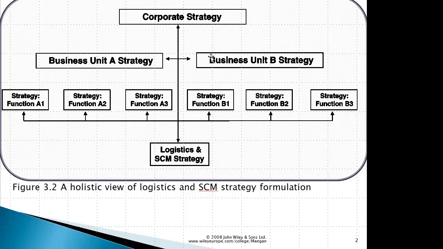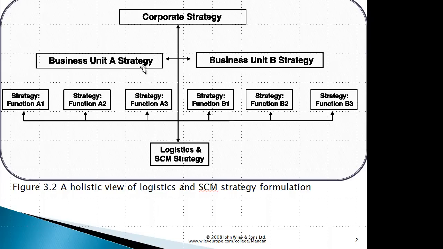So if we take a company like Cotton On, which is expanding into China as a retail operator, they'd have to develop their strategy in line with this logistics supply chain strategy. Off that, between the relationship between these two departments, you have your individual business unit.